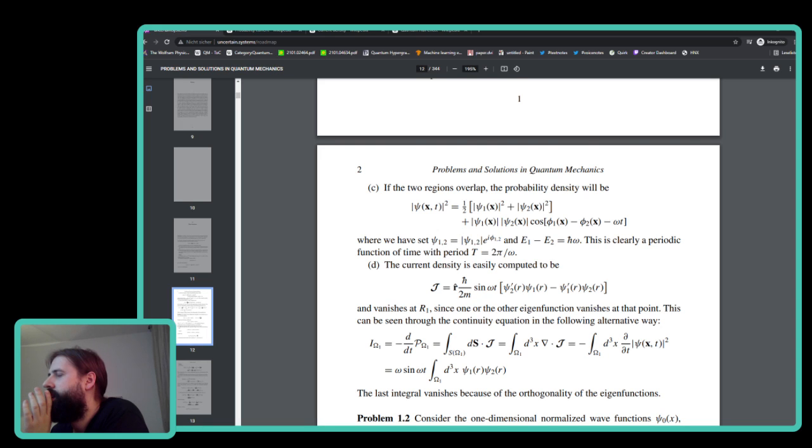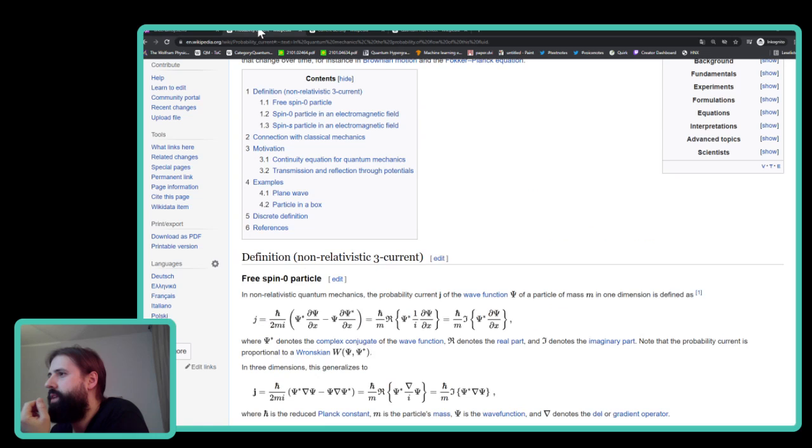H bar divided by 2 times m. It's almost these, right?